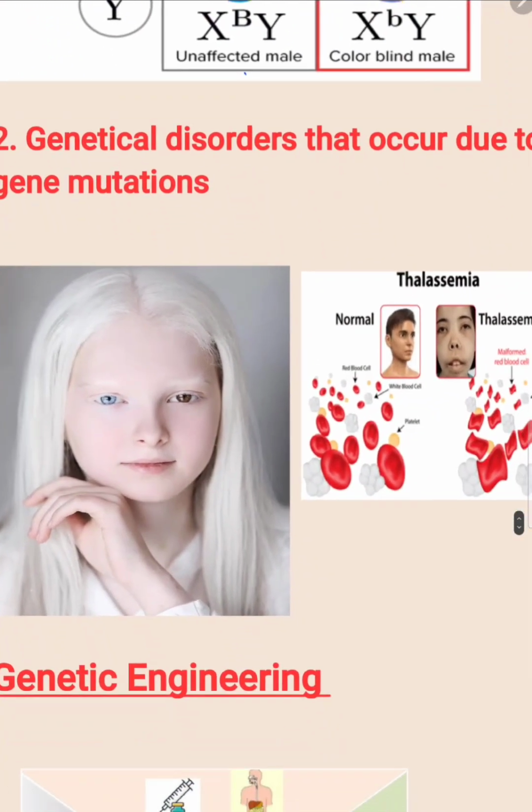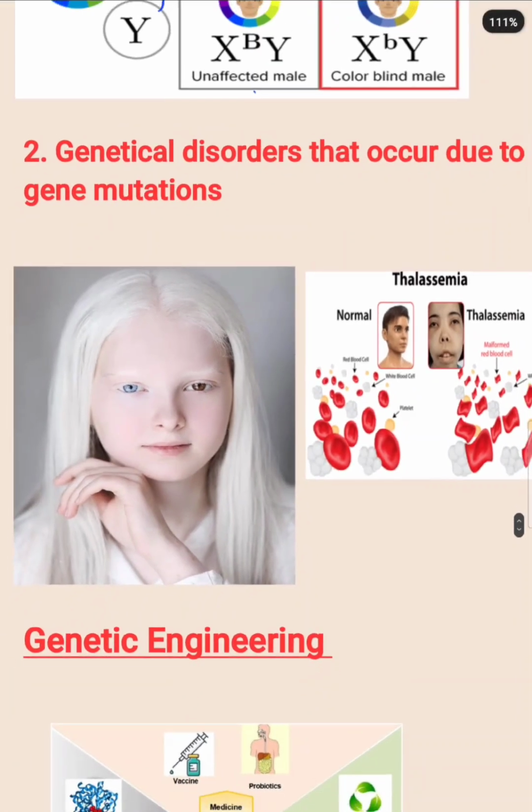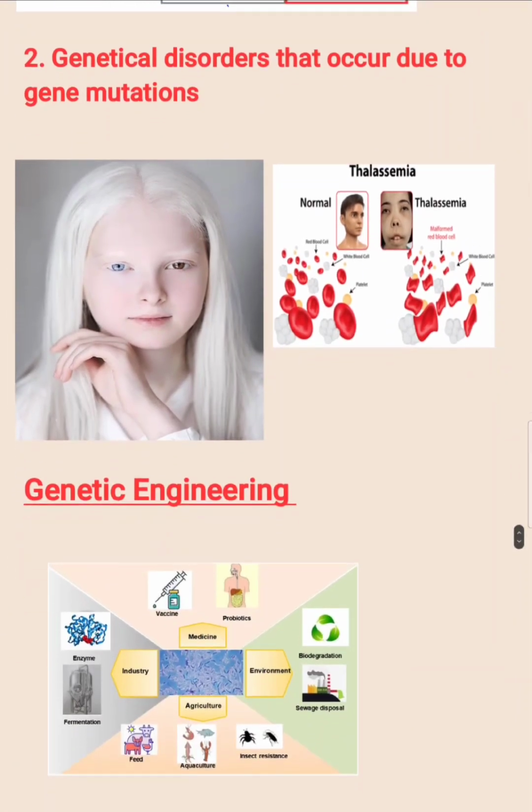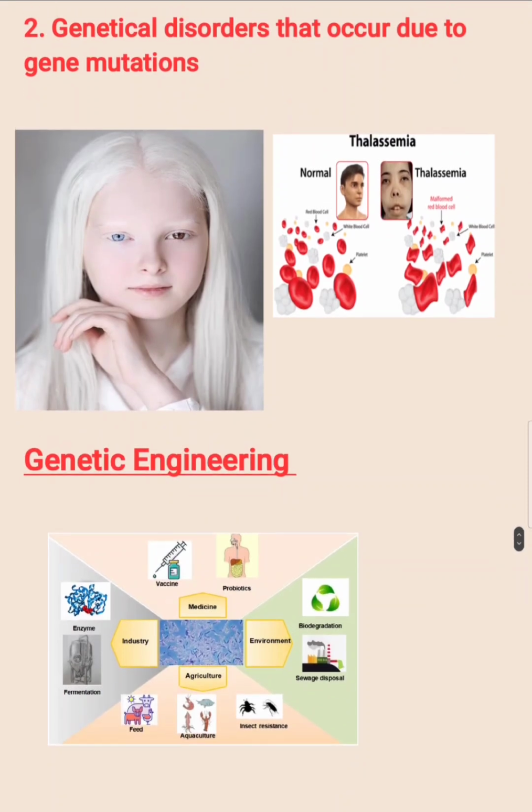The next disorder type is genetic disorders that occur due to gene mutations. If the mutation occurs in the genes producing melanin, they will suffer from albinism. It is extreme white or extreme fair color.